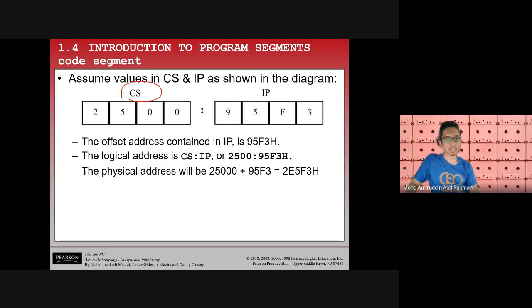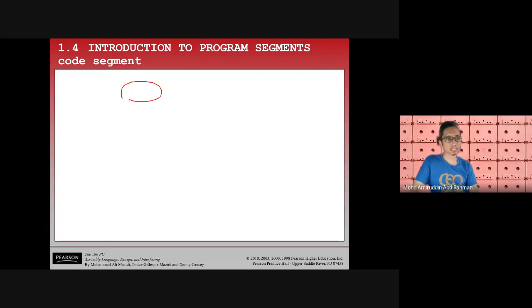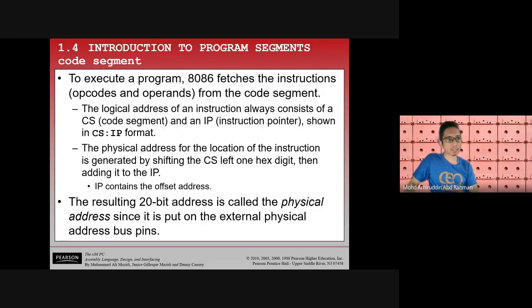So what is meant by this statement? The logical address is presented in this format. The physical address is generated by shifting the CS left one hex digit, then adding IP.